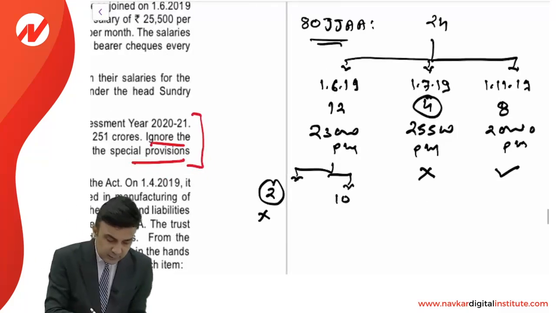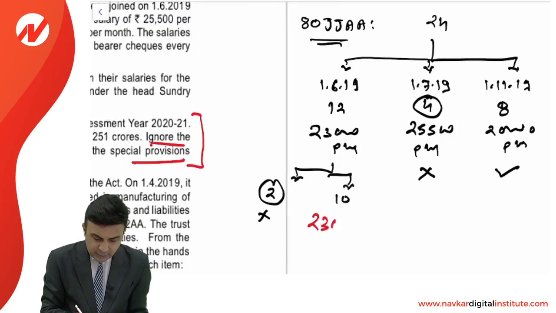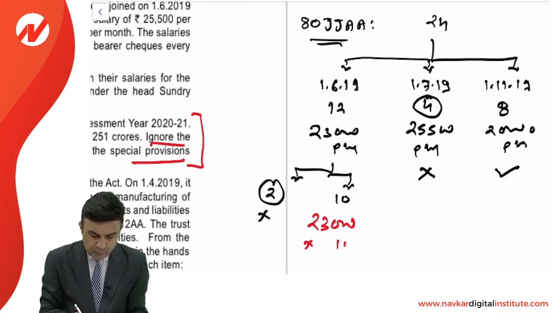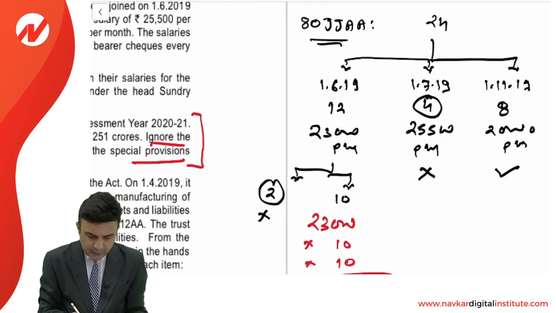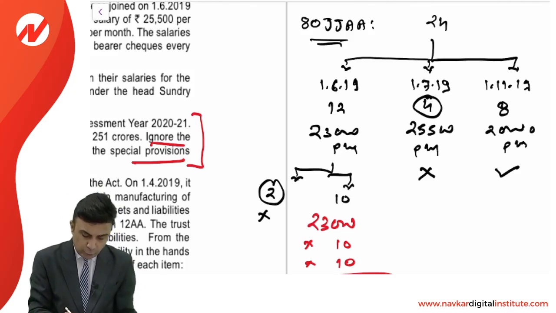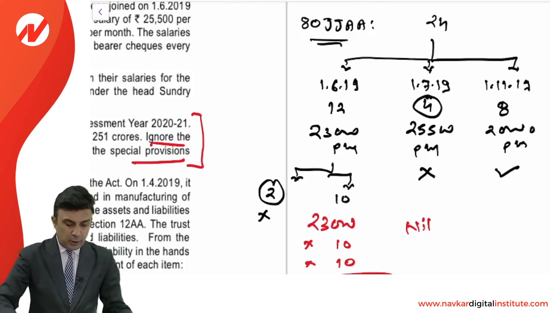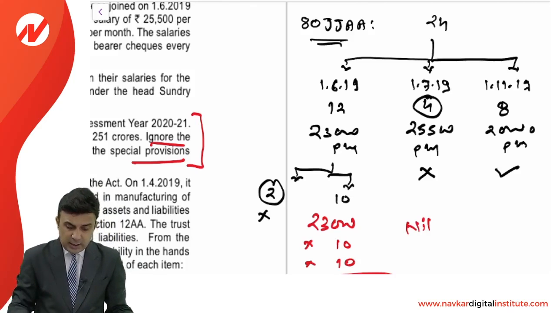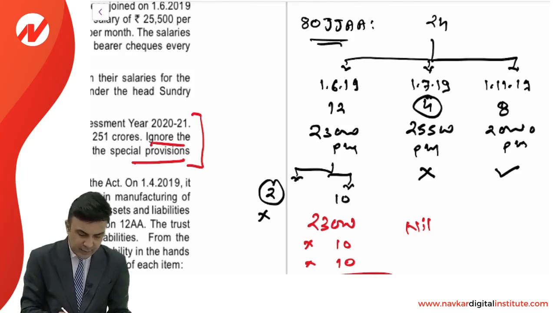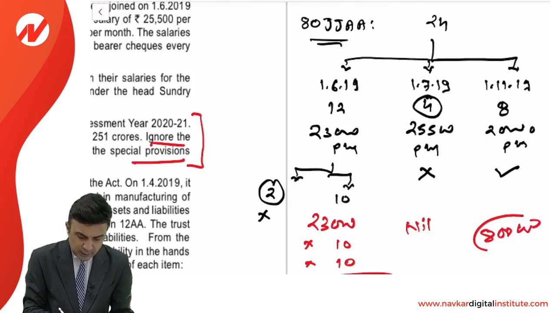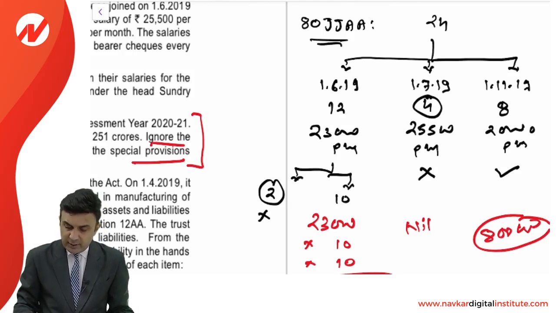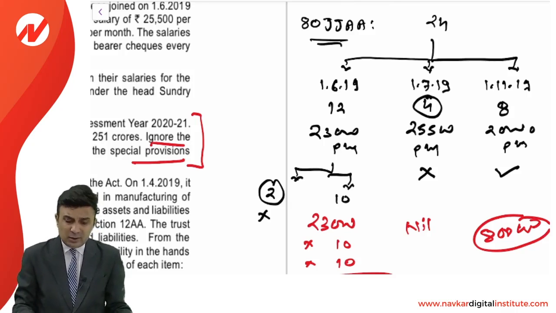So your additional emoluments will be, can I say friends, 23,000 multiplied by 10 employees multiplied by 10 months, giving you 23 lakh. For these 4, additional emolument would be 0, and for these 8 employees, it is going to be 20,000 multiplied by 8 employees multiplied by 5 months. So it is going to be 8 lakh. 8 lakh plus 23 lakh will be giving you 31 lakh.